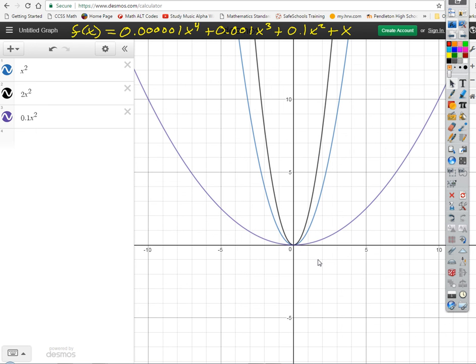It didn't stretch it, it compressed it vertically, right? Everybody see that? So if I multiply a function by a really, really small number out front like that, it's going to compress it a whole bunch, isn't it? It's going to make that term less powerful in a way, isn't it? So let's go back to this other function, and let's explore this a little bit.